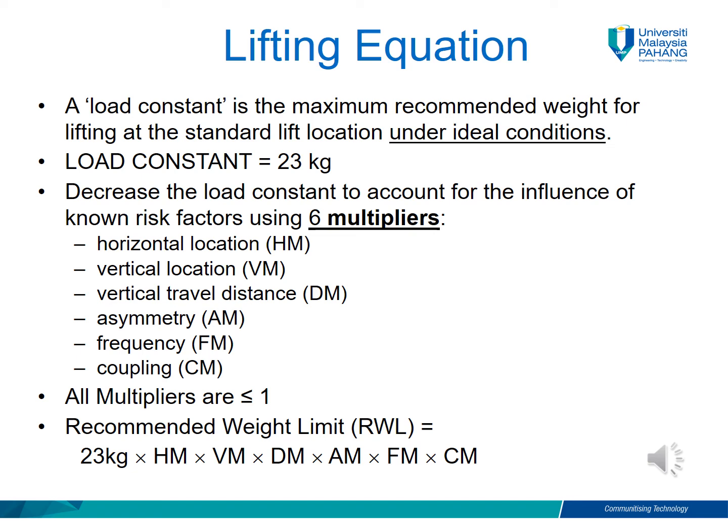The load constant is equal to 23 kilograms. We decrease the load constant to account for non-ideal conditions using 6 multipliers, which are horizontal location, vertical location, travel distance, asymmetry, frequency, and coupling. Bear in mind that all multipliers are less than or equal to 1. And the calculation of the RWL is as follows.